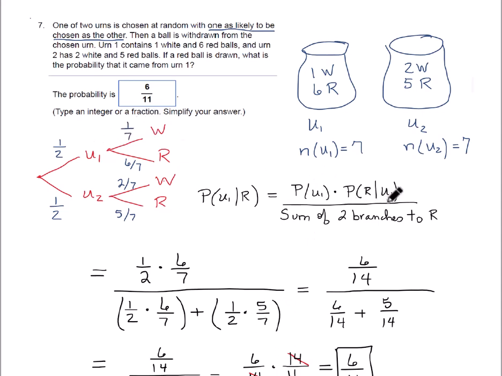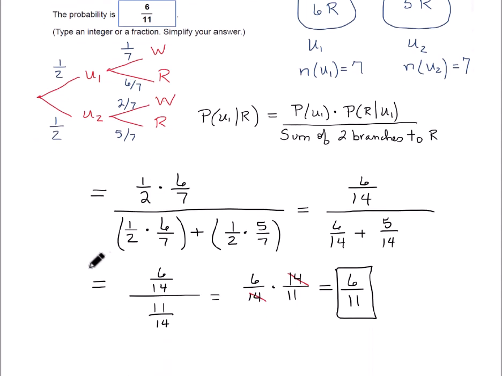Probability of red given urn 1, that's this part, which is 6/7. So I get 6/14, a 6/14, plus 5/14, so 11/14. Flip, the 14s cancel, and we get 6/11.